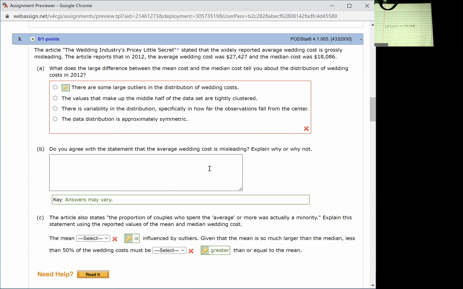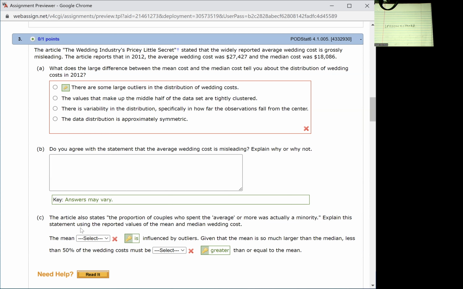If you have small values and then large values in your data set, the mean's not going to be a very good representation. And that could happen here because there are a lot of rich people that spend a lot of money on weddings.